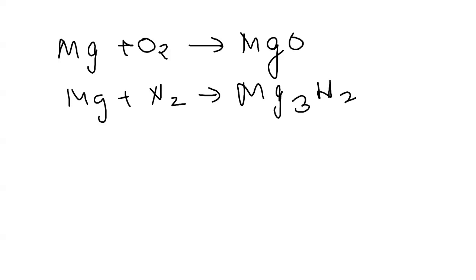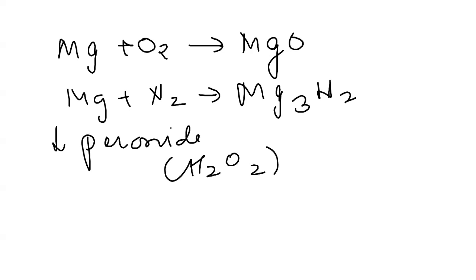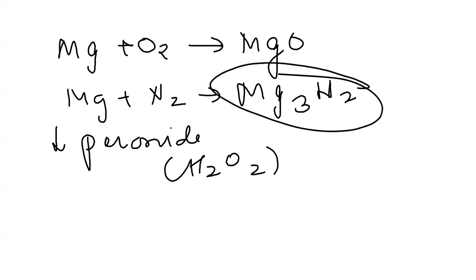Further, if you heat these oxides, they will form peroxide. Peroxide means like hydrogen peroxide. So these metal oxides which are produced are protected from air oxidation by the formation of a thin film.